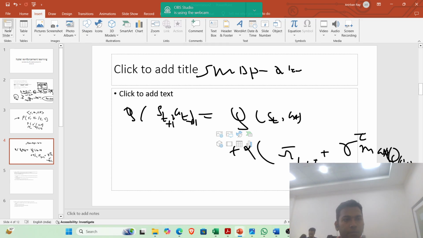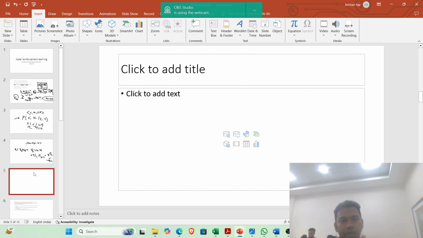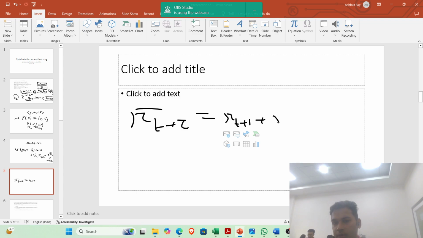Now what is R bar t plus tau here? It is the discounted return. The formulation for that is, tau we consider here as discrete, so 1 to tau values: 1, 2, and 3, like that up to tau.